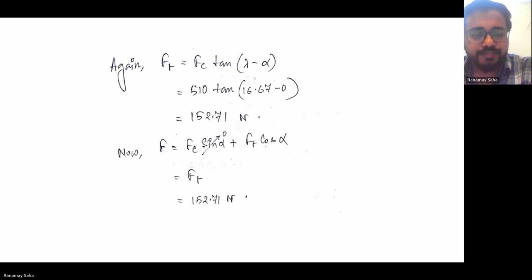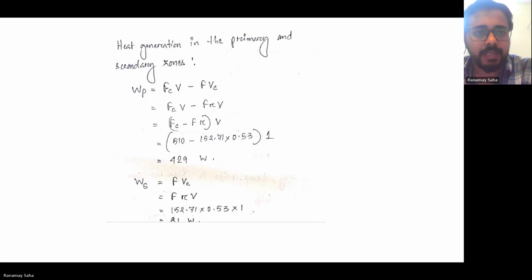So now you can find out the heat generation in the primary and the secondary zones as delta E is equal to the total energy that is carried away with the chip, fully generated is the cutting force times cutting velocity, and the negated part is the heat which has been taken away with the chip.